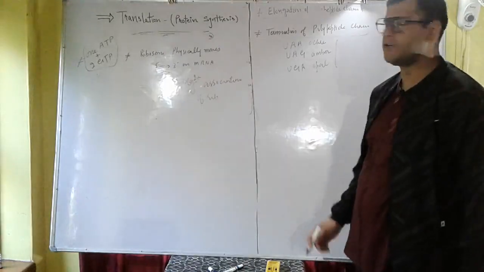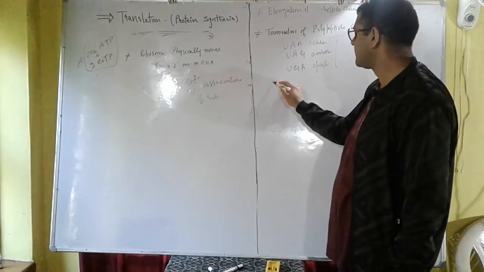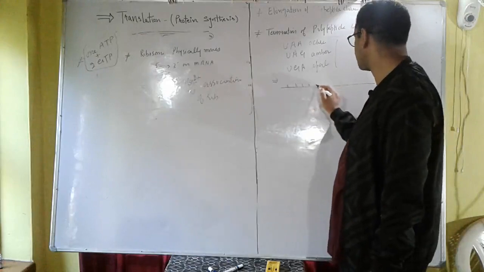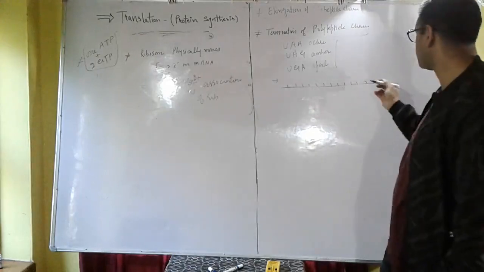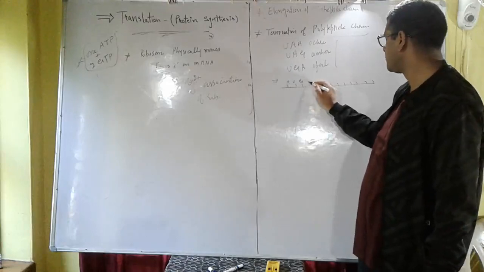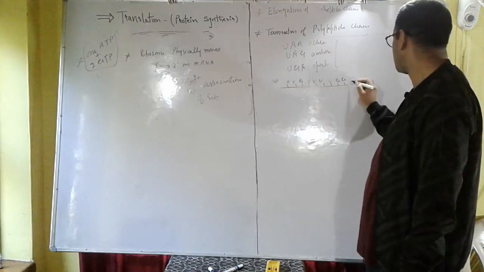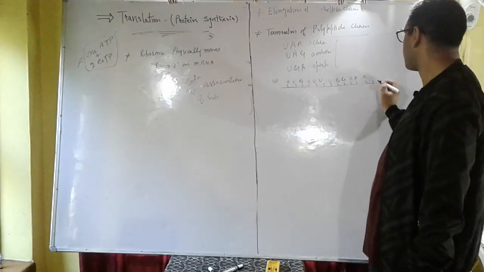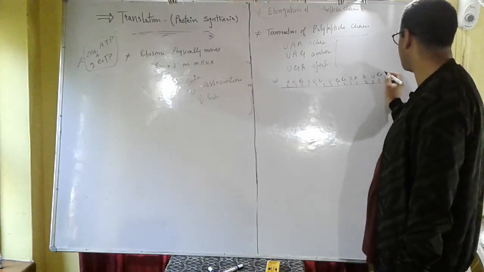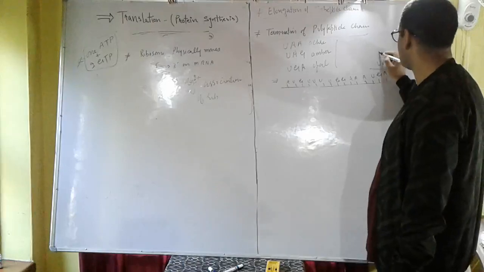The tRNA is not able to read these codons. For example, this is mRNA, and we have AUG, UUU, UGG, AAA, and then, for example, UGA, UAG, or UAA.